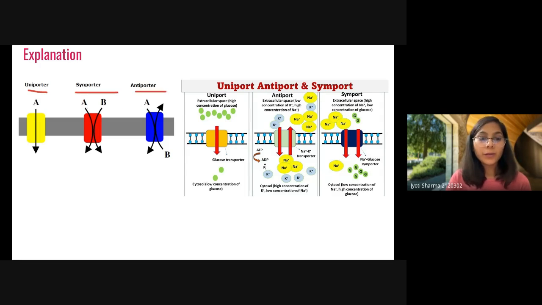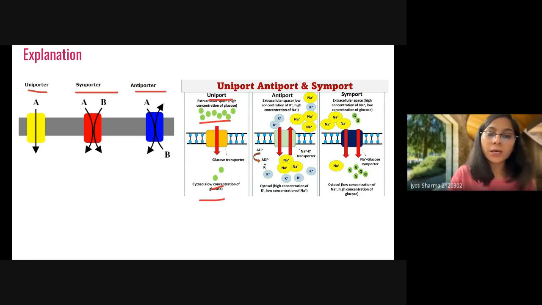If we have the uniporter, we have a molecule, let's say glucose. If we have a higher concentration of glucose outside the cell membrane, then this glucose will be transported inside if we have a lower concentration inside. So this is the uniporter, coming in one direction.